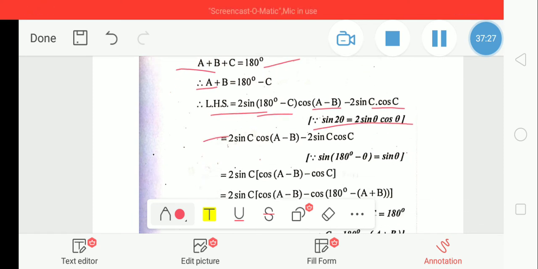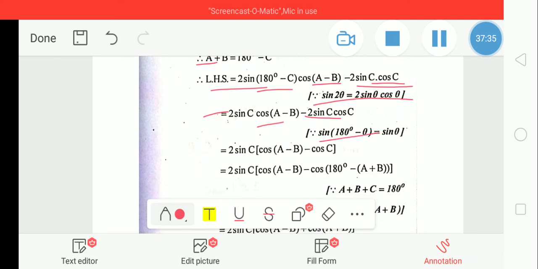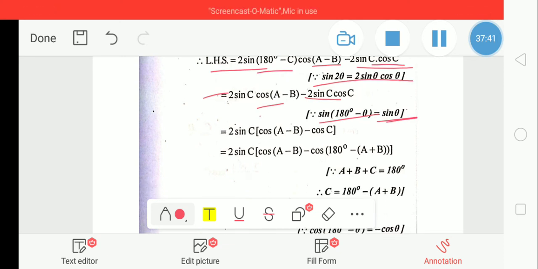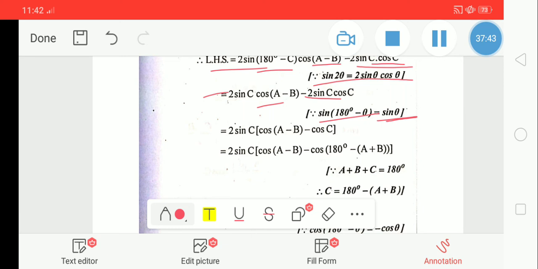So 2 sin C cos (A minus B) minus 2 sin C cos C. Here 2 sin C is common outside, so remaining are cos (A minus B) minus cos C.